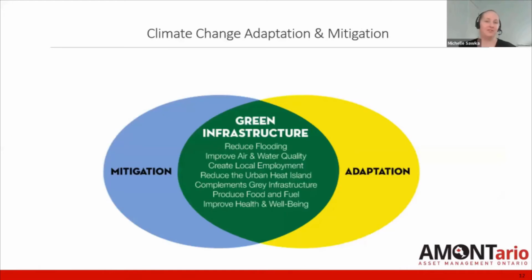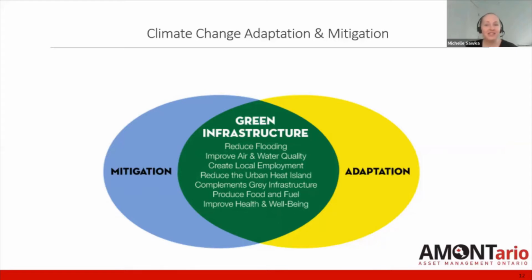So we're talking about climate change today, and green infrastructure provides a range of climate change adaptation and mitigation services. Green infrastructure is fairly unique because it contributes to both climate change mitigation and climate change adaptation, while it is also vulnerable itself to the impacts of climate change. So it really hits all those boxes.